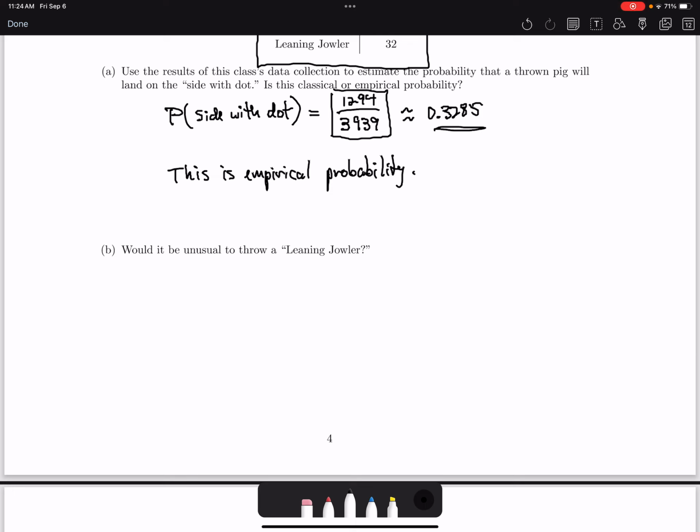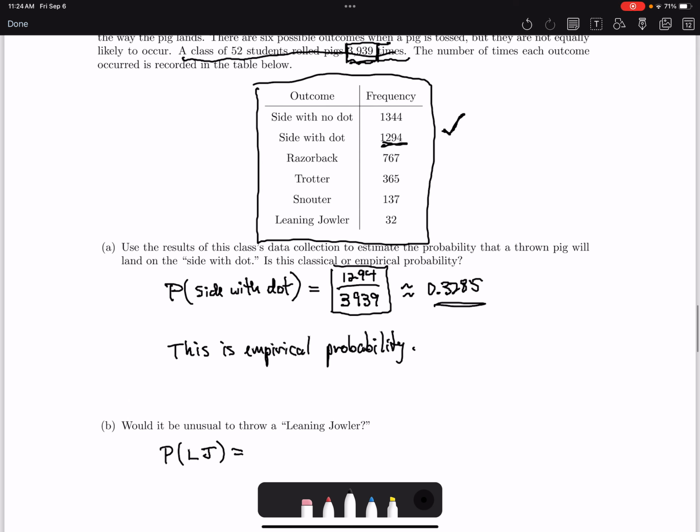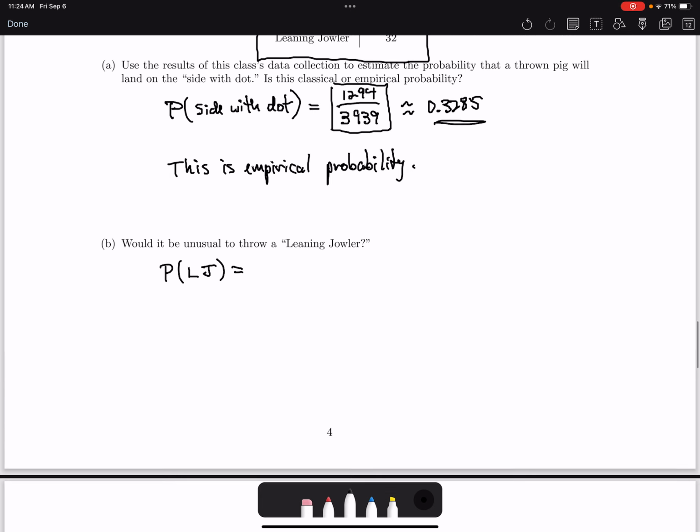Would it be unusual to throw a leaning jowler? Well, we defined an unusual event as something that has less than a 5% chance of occurring, right? So let's see what the probability of throwing a leaning jowler is. It would be 32 out of 3,939.